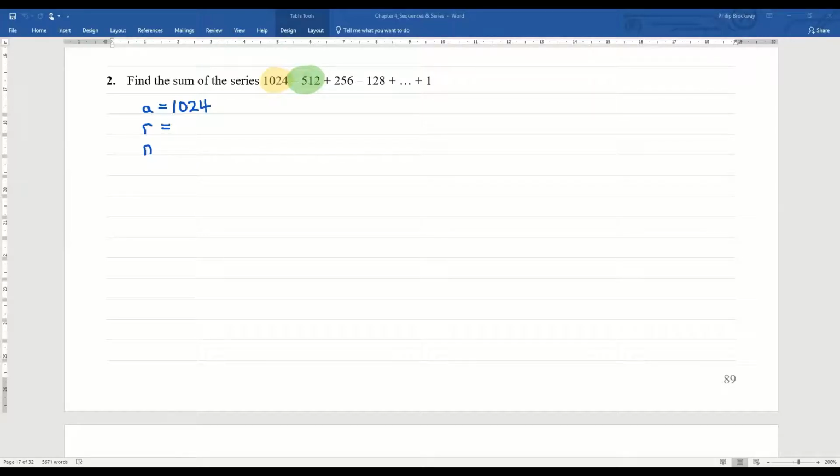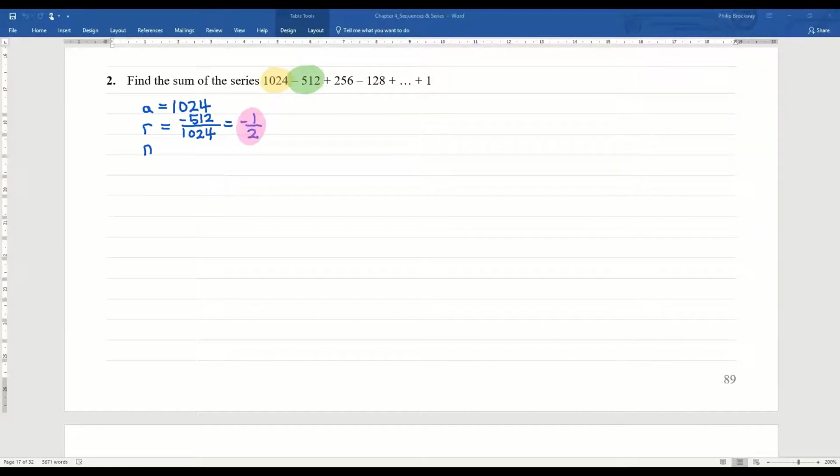So if we do that, we should get negative 512 divided by 1024. You'll notice very quickly that will simplify to negative 1/2. You can verify that if you do 256 divided by negative 512, you get the same thing. So this is fine. So we've got our R value.